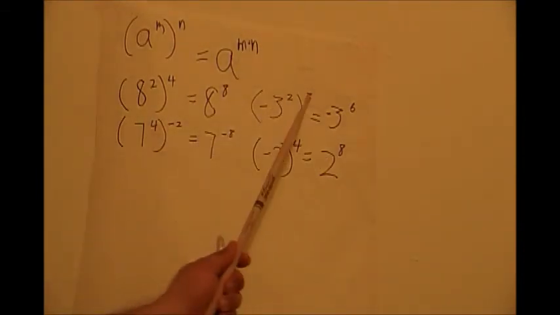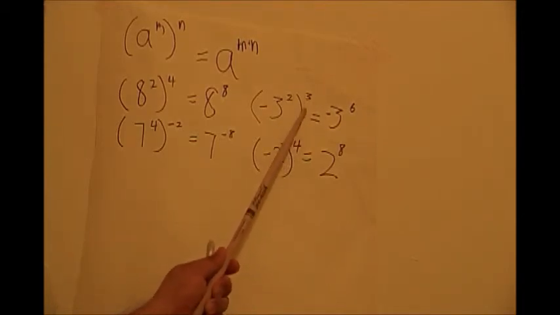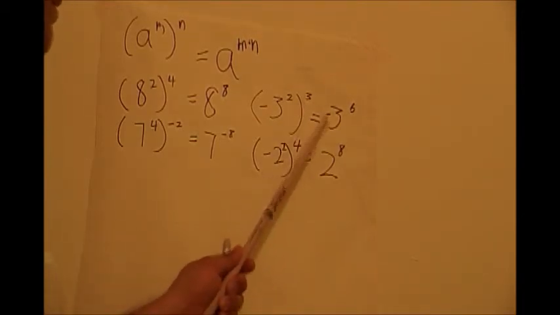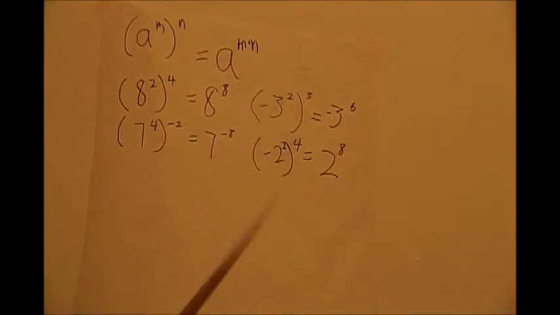So it's very important. If this outside number is odd, then you're going to have a negative number if you have a negative inside like this.